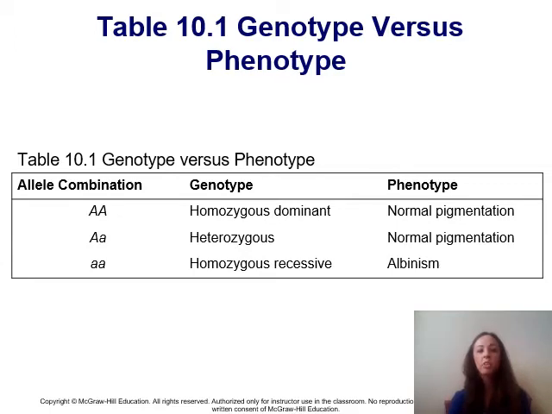If the person carried one dominant allele and one recessive allele for albinism, then they would still have normal skin pigmentation. If, however, the person received two recessive alleles, then they would end up having albinism, since they wouldn't be able to produce melanin and would lack normal skin pigmentation.